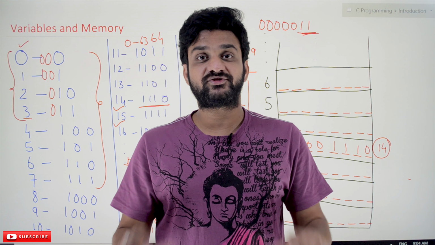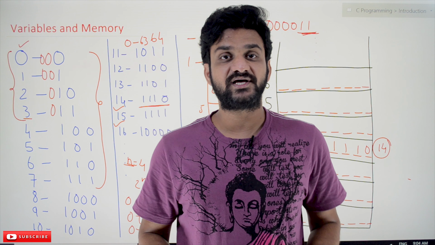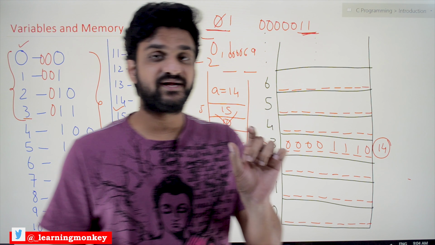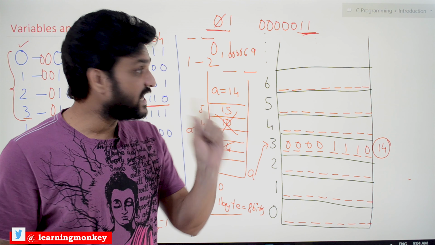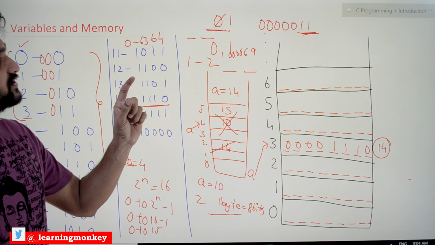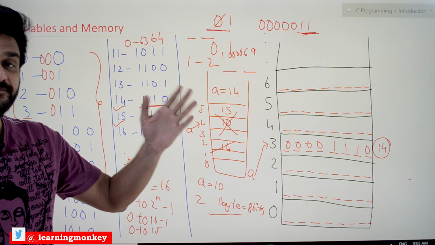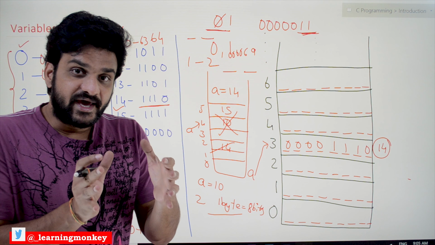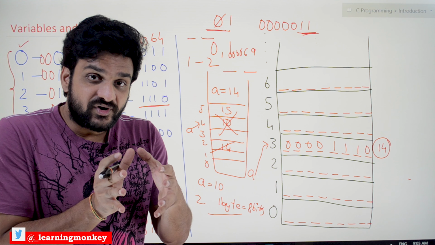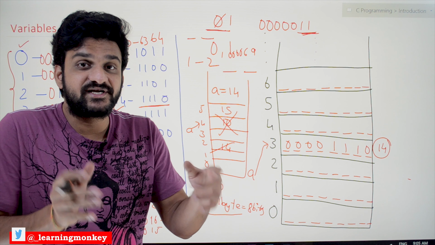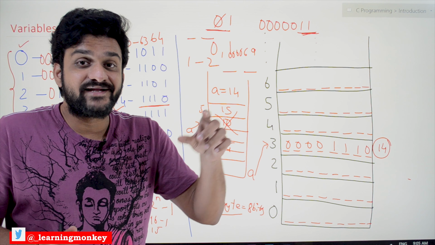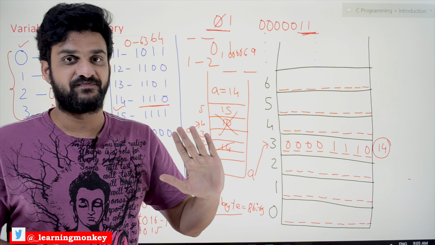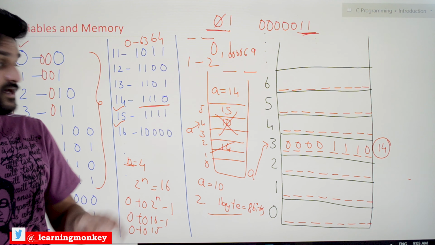So in this video, the point that you have to remember is, everything is represented in binary numbers. Binary numbers means zeros and ones. The other point that you have to understand is, if we have n number of bits, the number of decimal numbers that can be represented is 2 power n, and the range of those numbers is from 0 to 2 power n minus 1. So that point you have to understand.